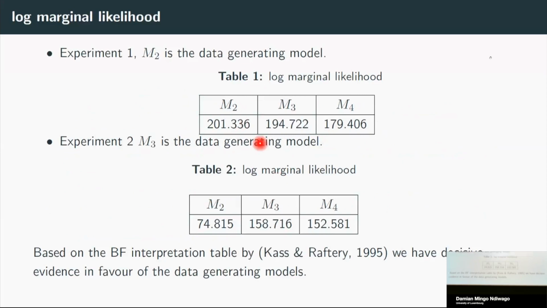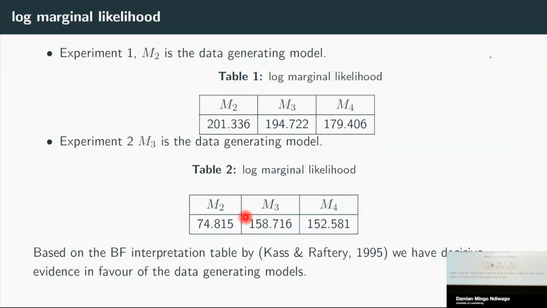And so we computed the marginal likelihood for all these models 15 different times on the HPC of the University of Luxembourg. And in each of these cases, the marginal likelihood calculated was highest for the discharge generating model. Like in the first case, where the data was generated from the two-bucket model, you see that it has the highest log marginal likelihood.